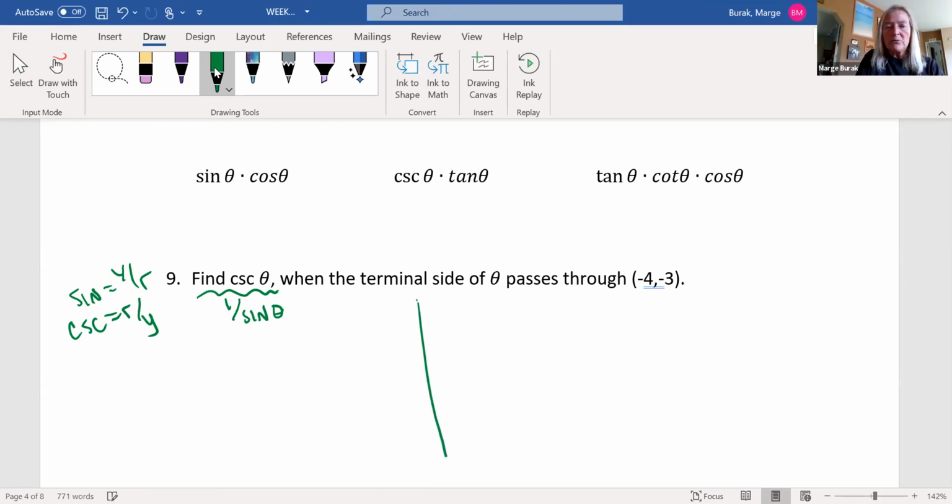So I'm going to plot that point. -4, -3 is in quadrant 3. So I have -4, -3, that's my x and that's my y, and I need my r. So I need to use the Pythagorean theorem.